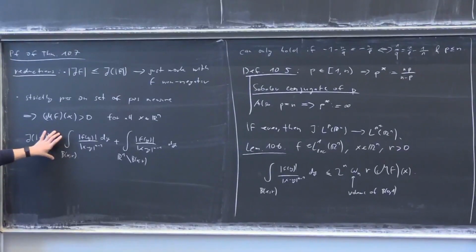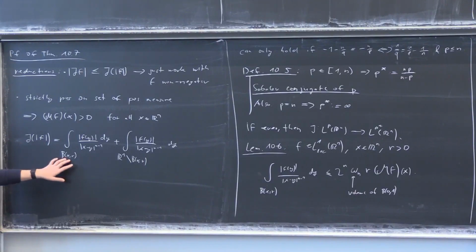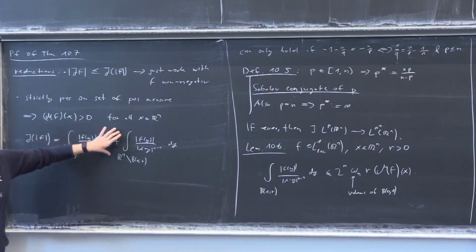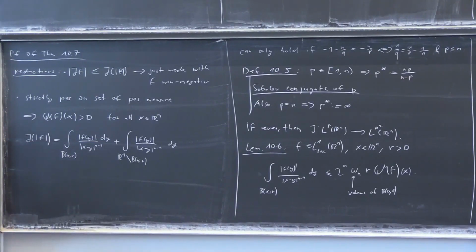For this local on-diagonal part, we had this preparatory lemma from before, and there we said we can have it for all r positive. And somehow this r gives us some degree of freedom. So for the moment, we take some positive r, then we estimate this part by the lemma from before. We will calculate what happens out here, and then in the end we want to use this degree of freedom r to get the best possible result that we can get from such a splitting.